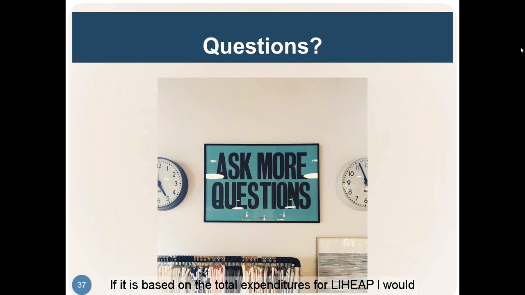But if it is based on total expenditures for LIHEAP, I would reach out to your DEA representative and let's talk about the effect of that. Yeah, absolutely. We can help on a case-by-case basis. If you share with us the indirect cost rate agreement, then we can have a conversation about that.